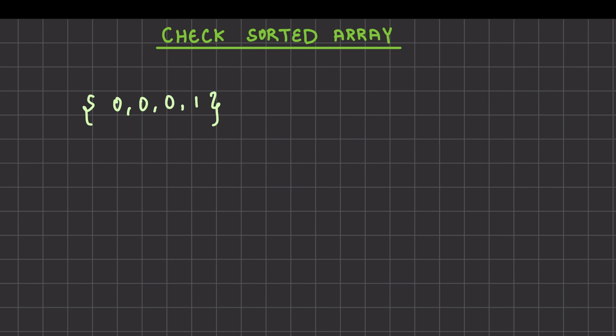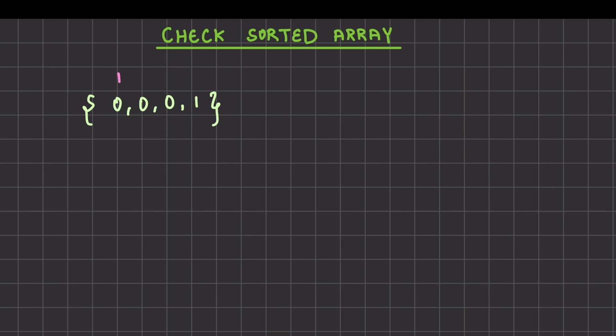So they are sorted, right? And the third element is smaller than the fourth element, right? So you can see that it is a sorted array in non-decreasing order. It's basically increasing.